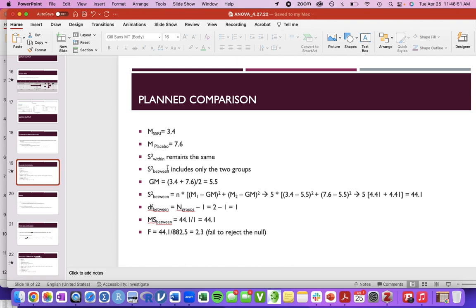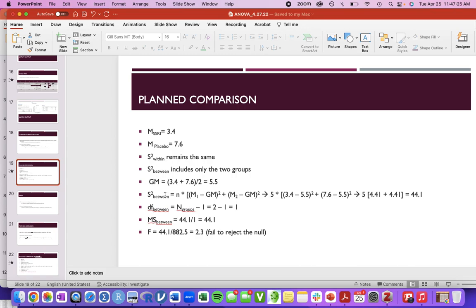All right. So again, we're pre-identifying the groups that we want to compare, and we do this first. Here are the steps that we need to do for a planned comparison. You'll see that a lot of the steps are actually the same. Here are just our means. We find our variance within the same way, and our variance between only includes two groups. Here we'll go on to our grand mean, which is calculated the same way, and we'll go on to calculate our variance between.